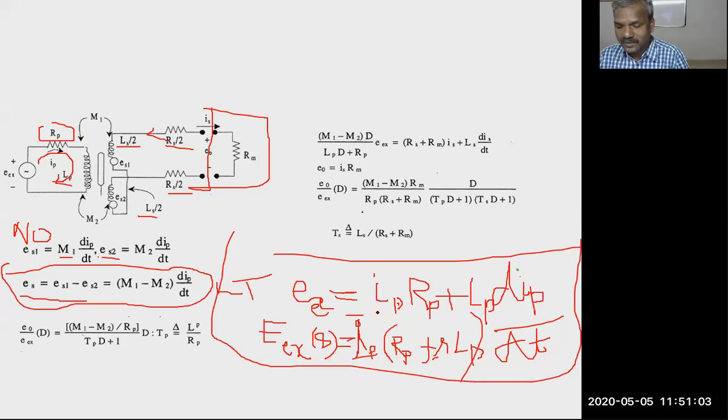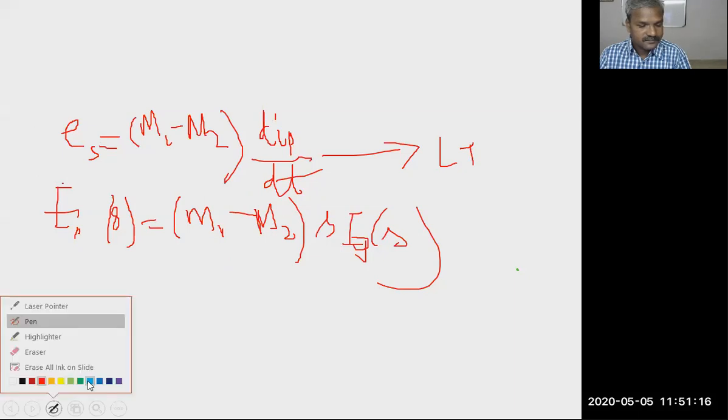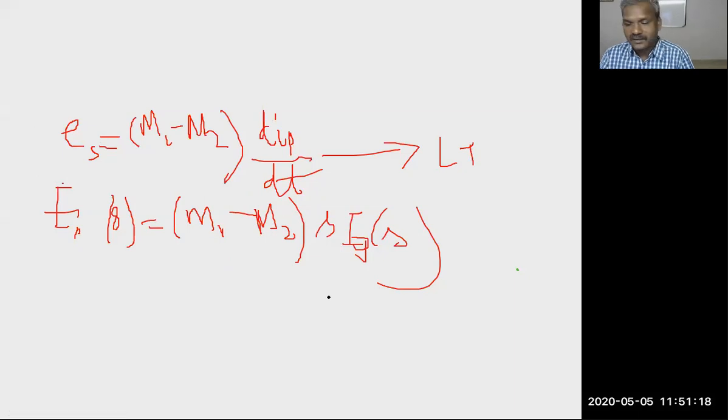What is IP of S? IP of S is EX of S divided by (RP plus S LP). You substitute that instead of IP of S here.